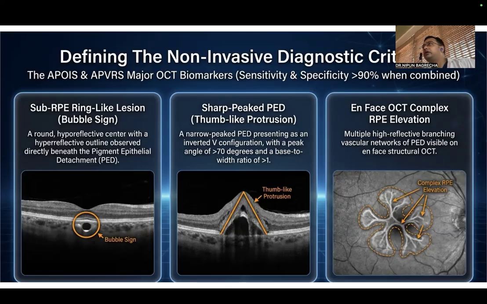And last but not least, there is a shallow irregular RPE elevation. On OCT, the RPE and Bruch's membrane separate, called the double layer sign, with hyperreflective material in between. It is also called SIRE, shallow irregular RPE elevation.